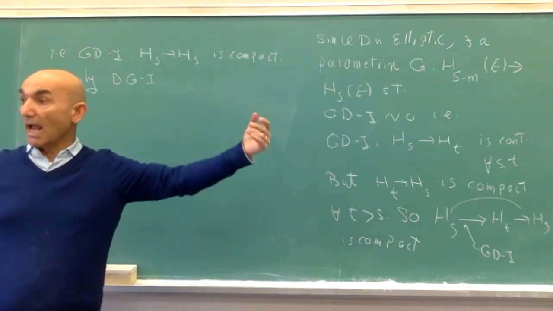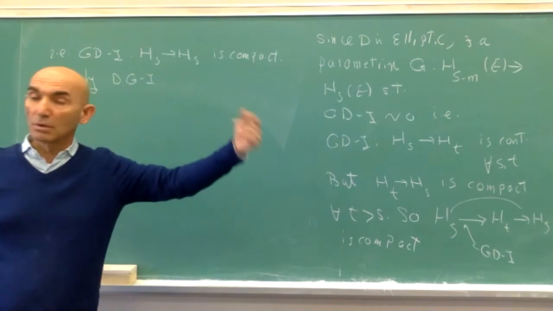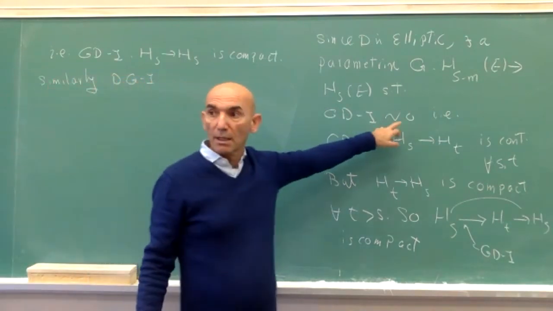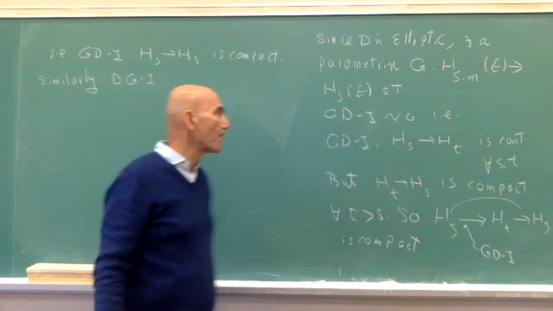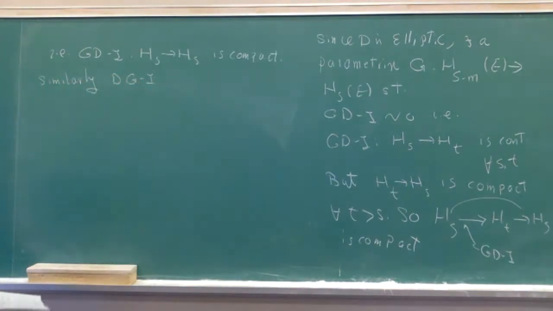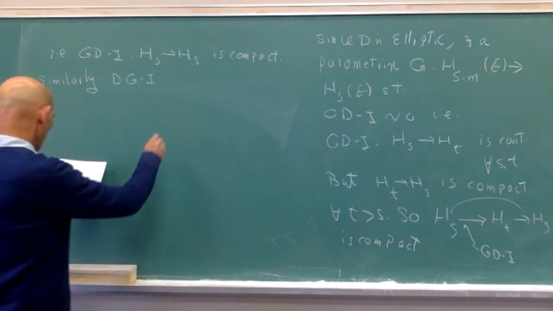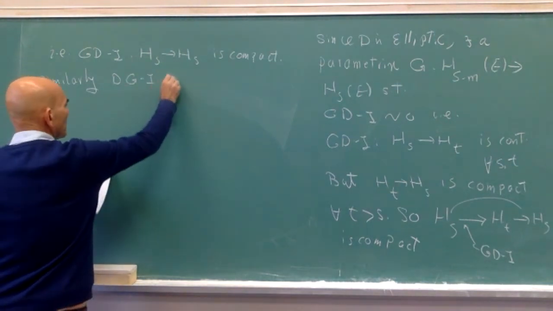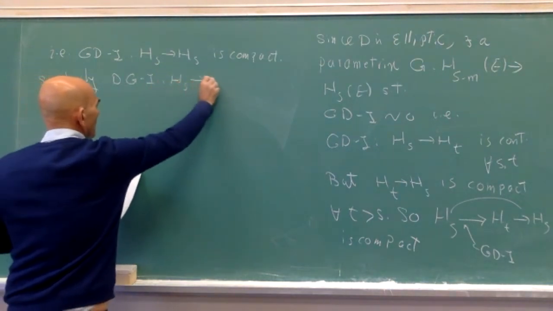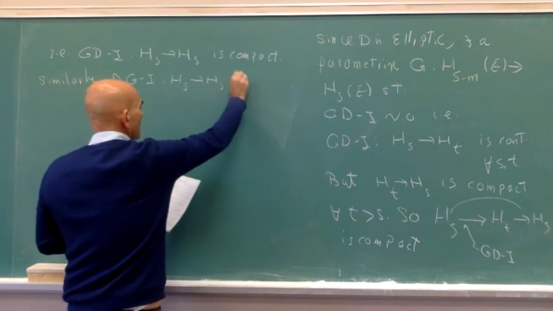It was not an exact inverse, it was modulo. That's why we have these asymptotic notations, but that's fine. Similarly, DG minus identity from HS to HS is compact.